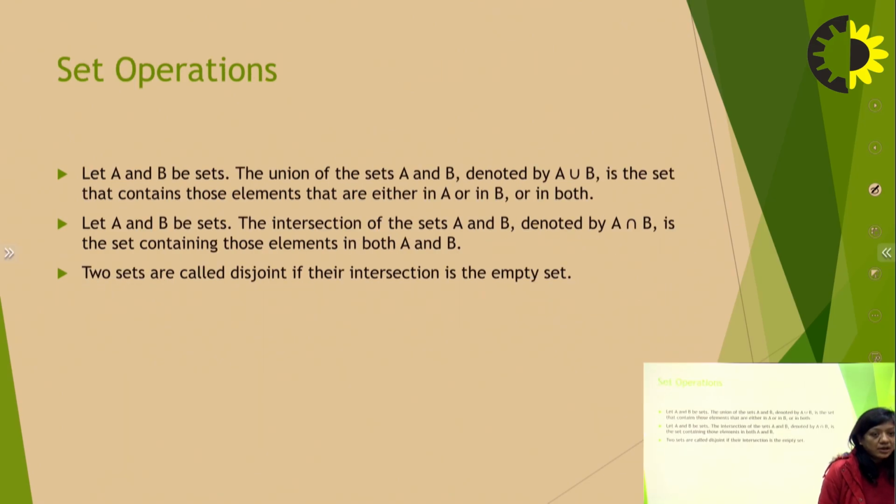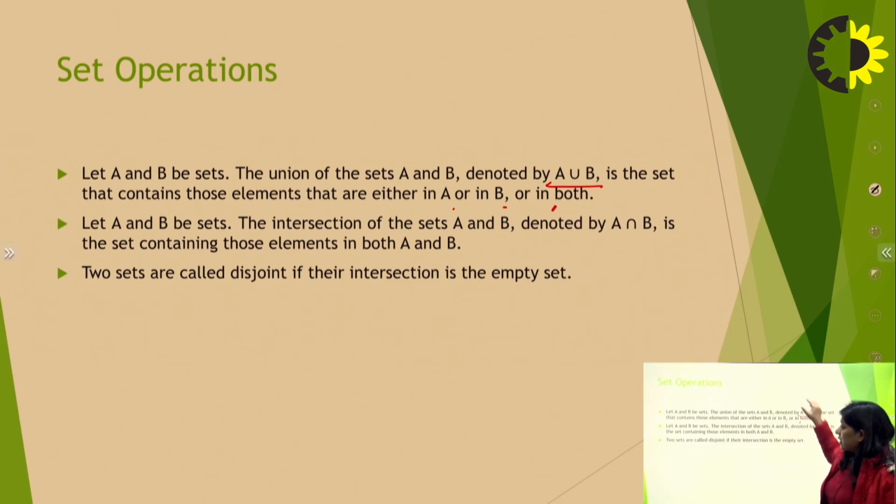Now, the set operations. Suppose we have two sets A and B. The union of sets A and B, denoted by A ∪ B, is the set that contains those elements that are either in A or in B or in both.